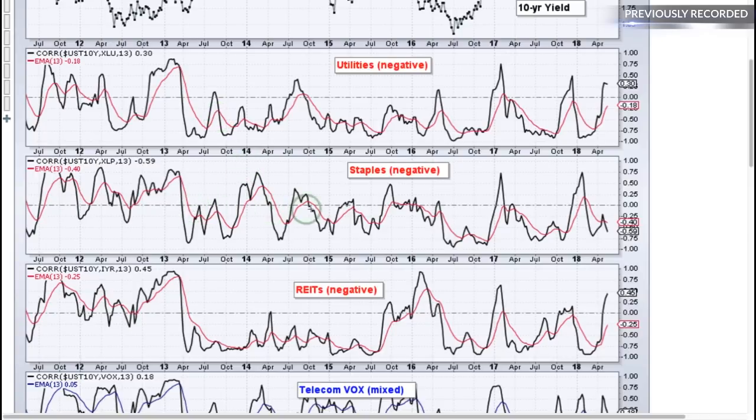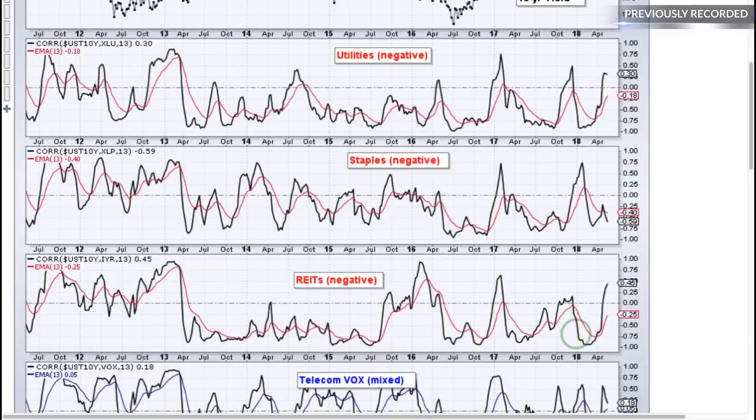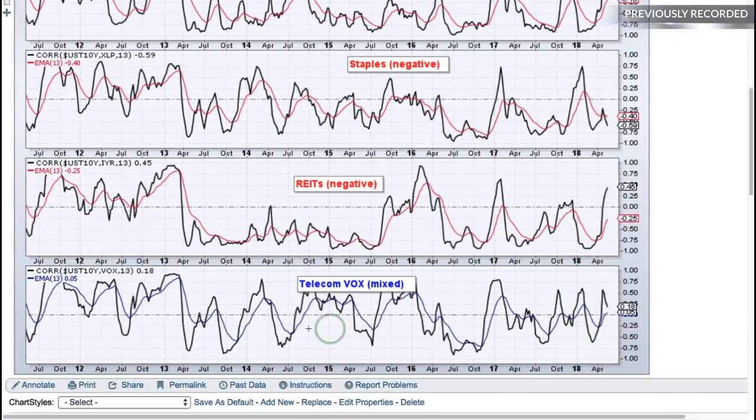Same thing is true with staples since 2013 and with REITs. And that's why REITs are not a favored group for me right now. And telecom is a bit more mixed than the other three, but it's maybe a little bit more negative. I don't think there's enough to go on here as far as telecom is concerned.